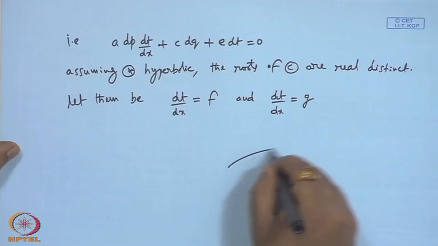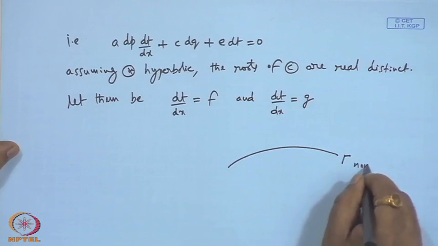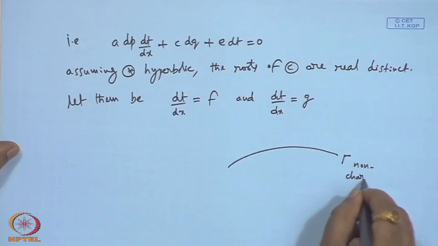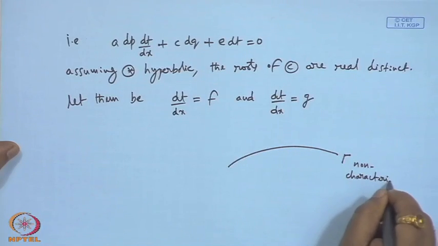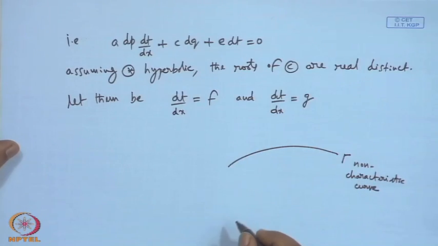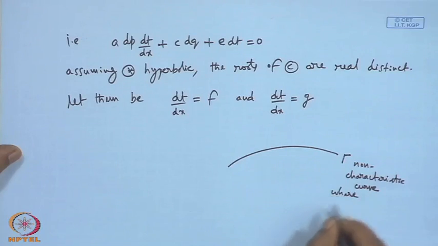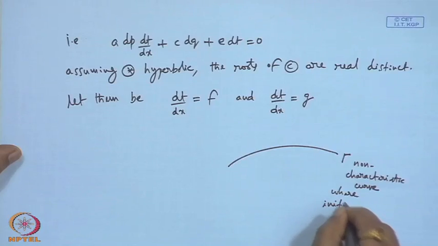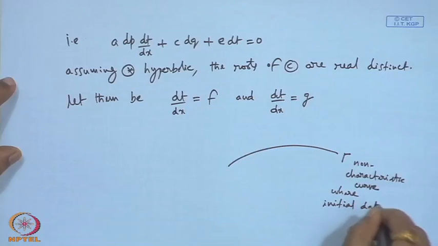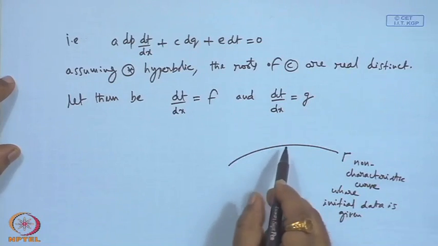So, if we consider any curve gamma which is a non characteristic curve, along which the initial data is given. So, this is the gamma.